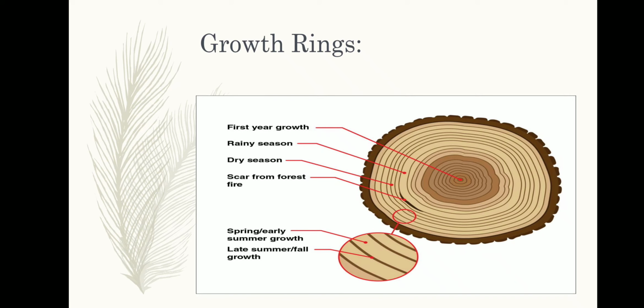We can see two different types of growth rings. If the growth ring is produced in the early spring, we call it spring or early wood. If it is produced later, we call it summer or late wood.